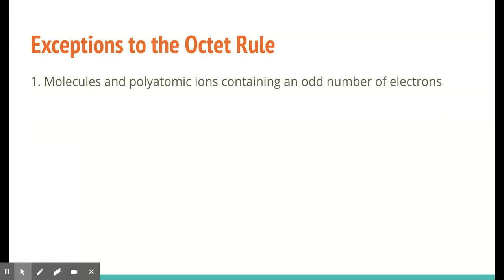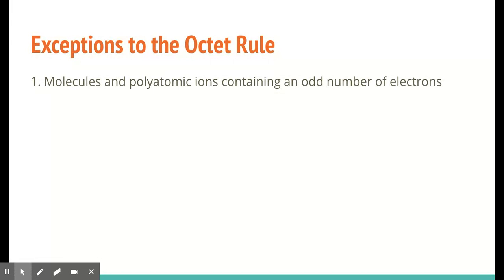So now with Lewis structures, we've seen a few examples of exceptions to the octet rule. We're going to go through the 3 exceptions. The first one is molecules and polyatomic ions that contain an odd number of electrons.